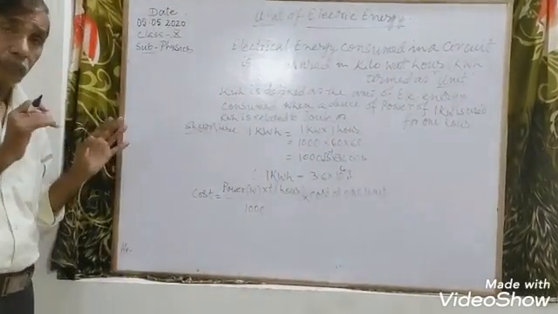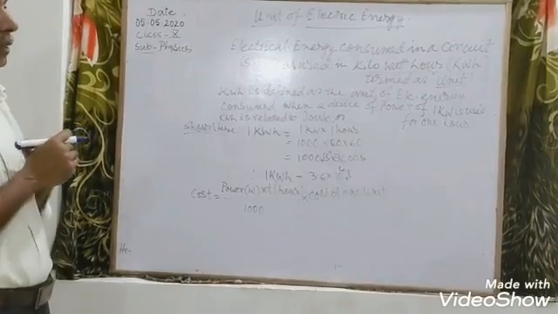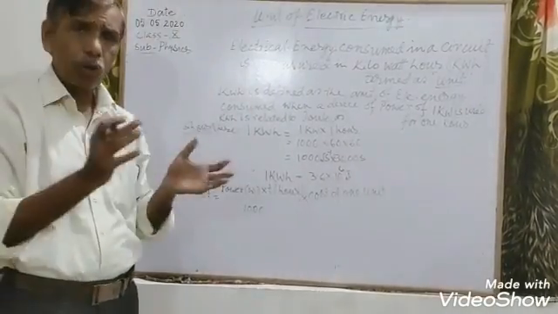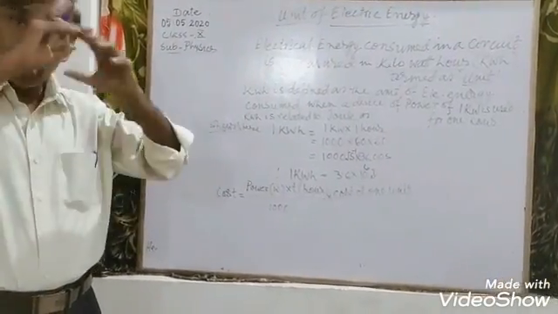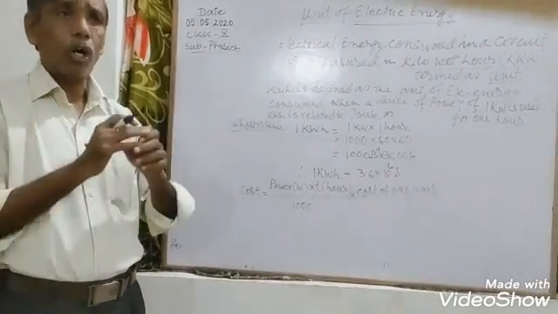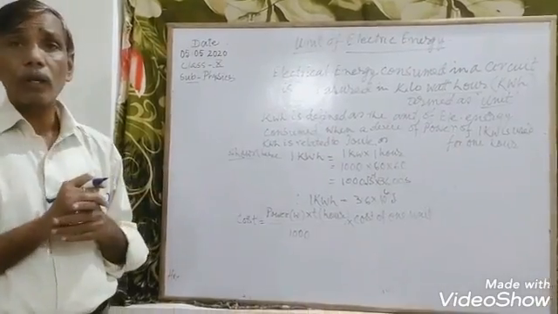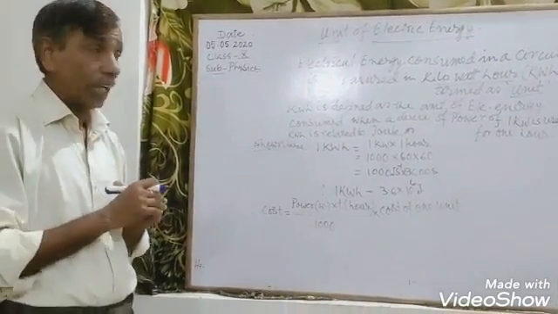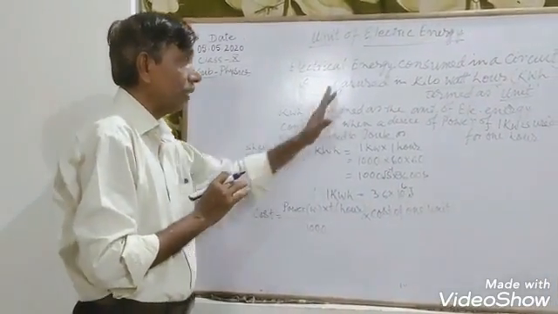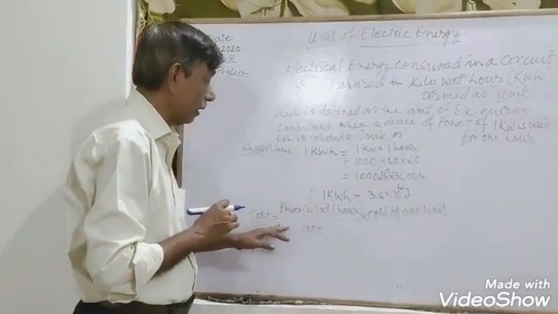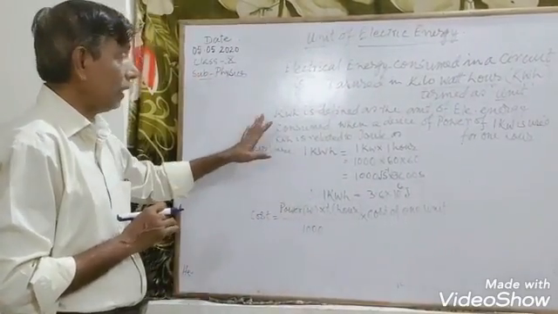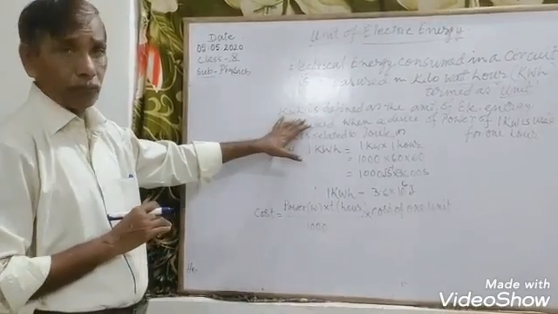Whenever we calculate the cost of energy we have consumed over the year or the month, it can be calculated with a formula I have written here. But what is a kilowatt hour?